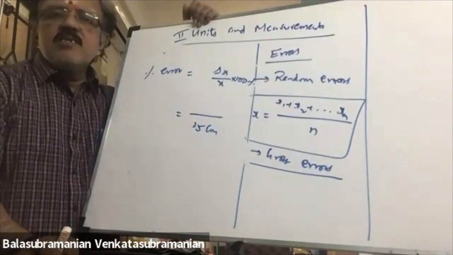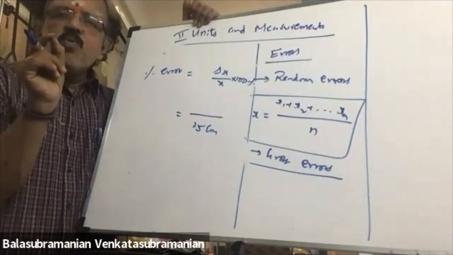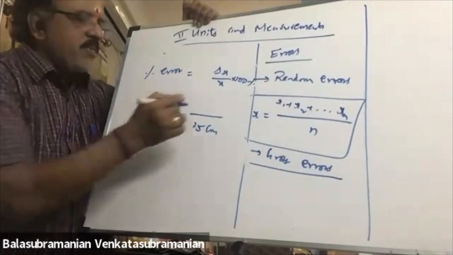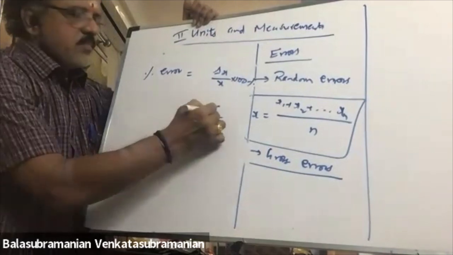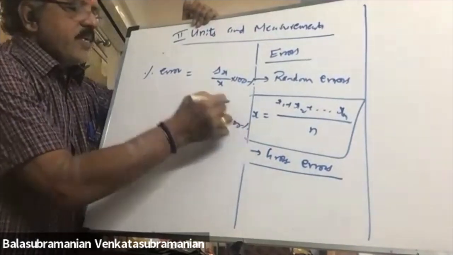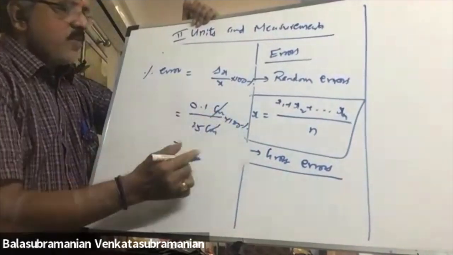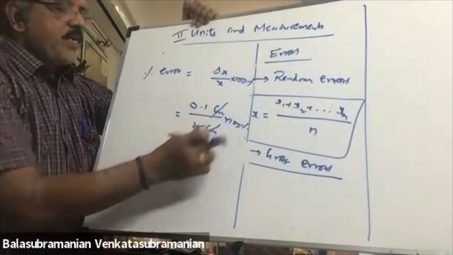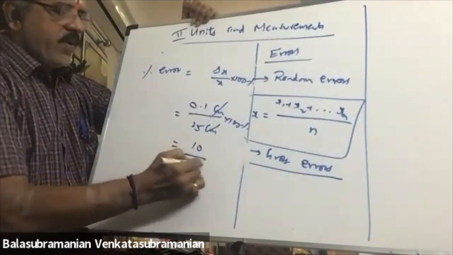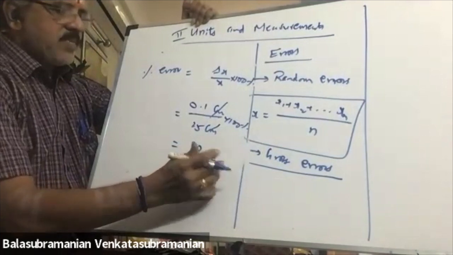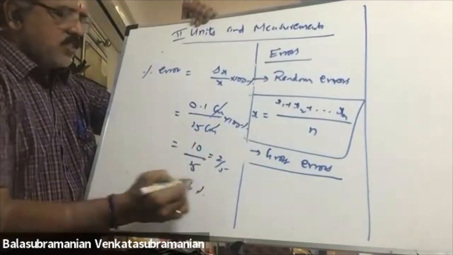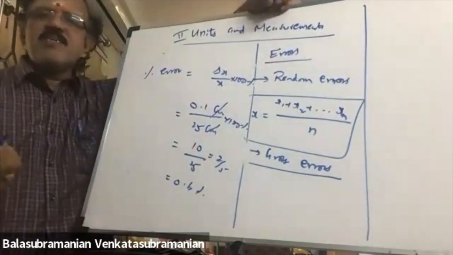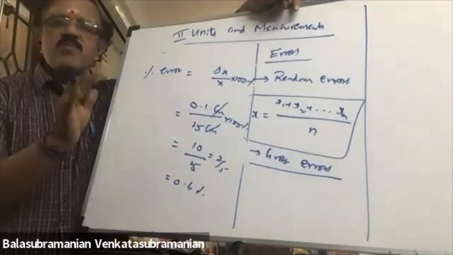You are getting an error of 1 millimeter. 1 millimeter means 0.1 centimeter, into 100%. Centimeter gets cancelled. So you will get 0.1 into 100, 10 by 25 percentage. That is 2 by 5, which is 0.4. 0.4 percentage is very much less. No problem.